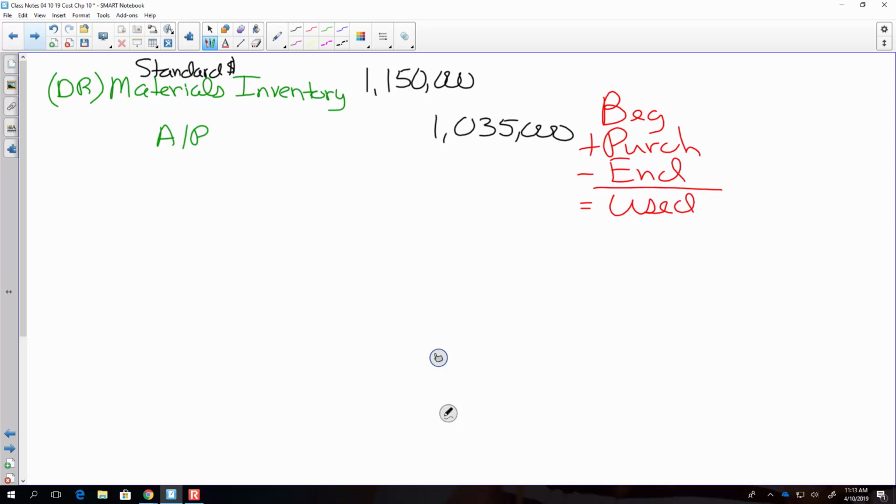How do I balance the equation? I need a credit. So the new account name for Chapter 10 is called Material Price Variance. And that was $115,000.